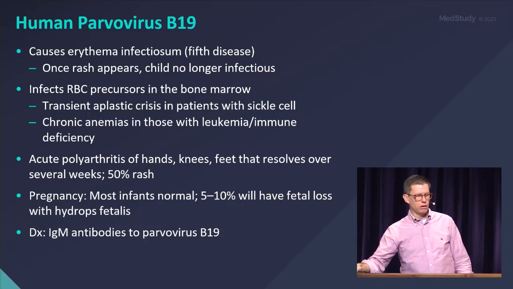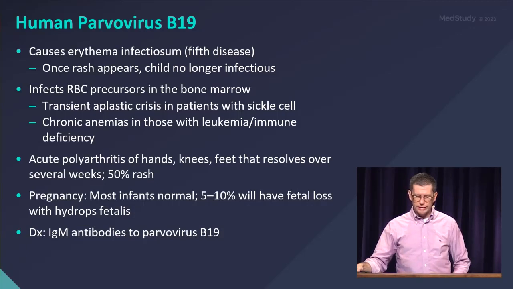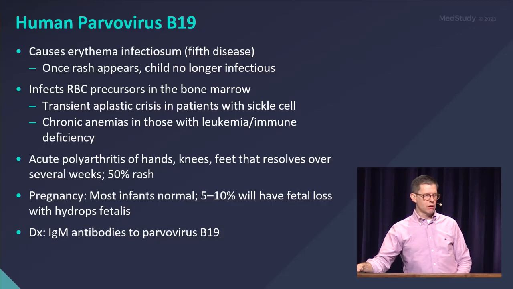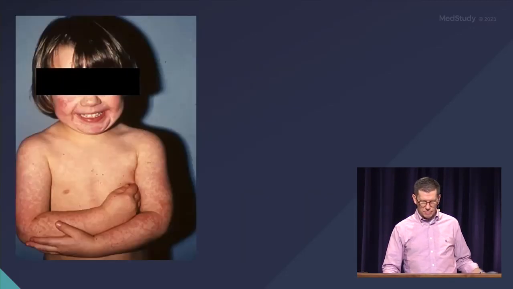They can have this polyarthritis that resolves after a few weeks. And then if a teenager has it when they're pregnant, while most instances may be normal, there is a small percent of fetal demise. We diagnose parvovirus either with PCR or we do serologies. This is a happy kid who's ready to go back to daycare because the rash has erupted and they are okay to go back.